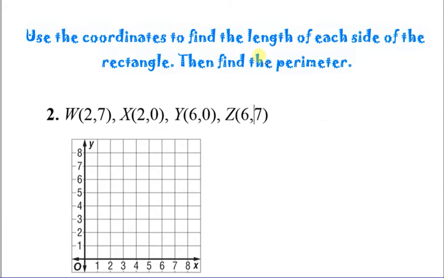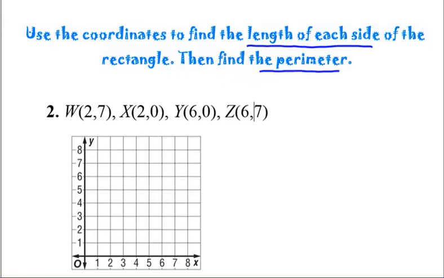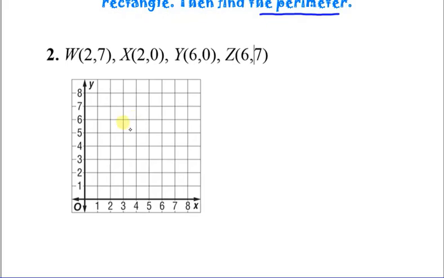Alright, use the coordinate plane to find the length of each side of the rectangle and then find the perimeter. So we're going to do something similar here. We have (2, 7). That's going to be W. Then we have (2, 0). That's going to be X. Then we have (6, 0).